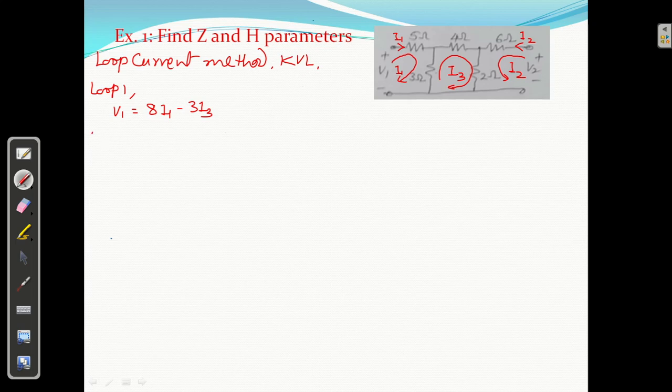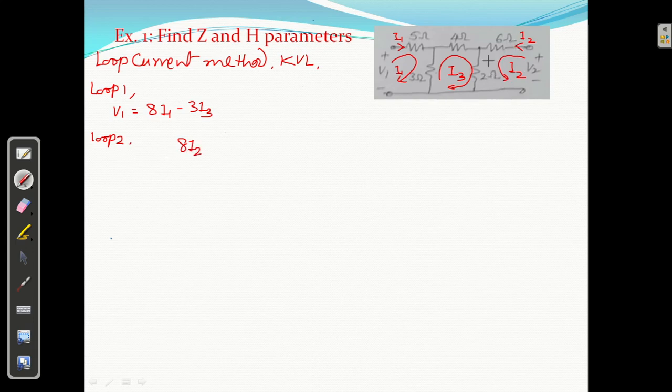Loop 2. I am taking loop 2. So current I2 is flowing in 6 plus 2, 8 I2.